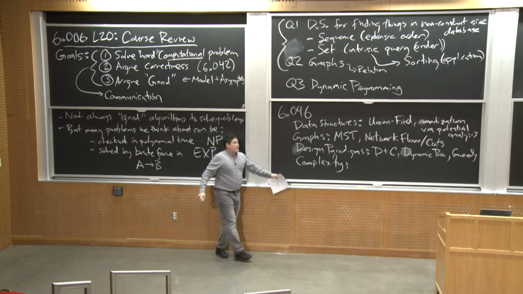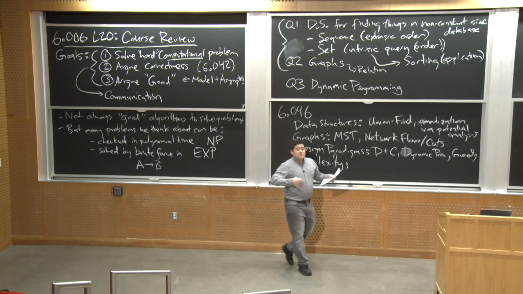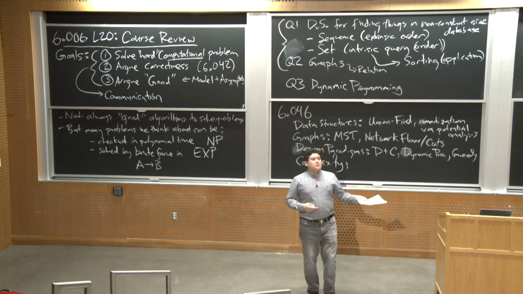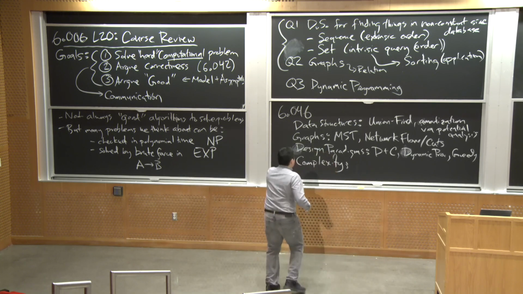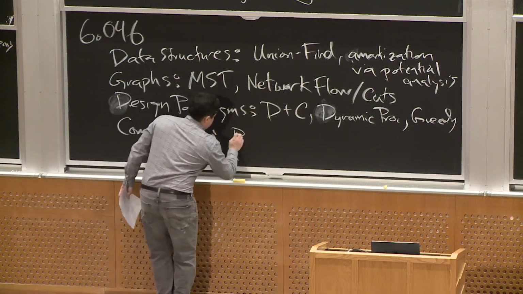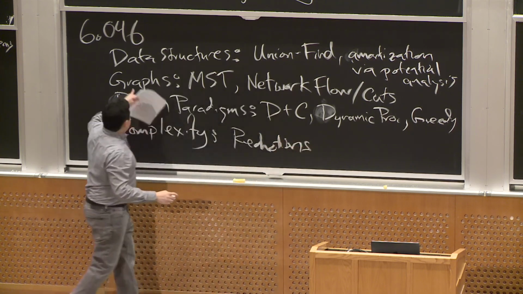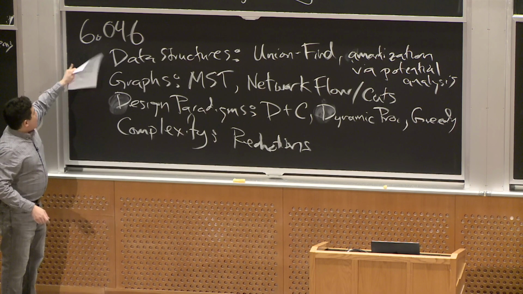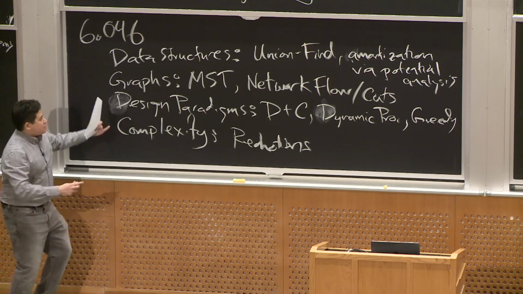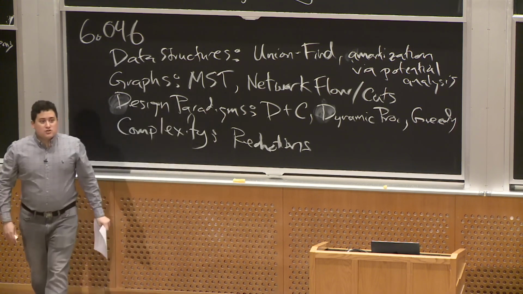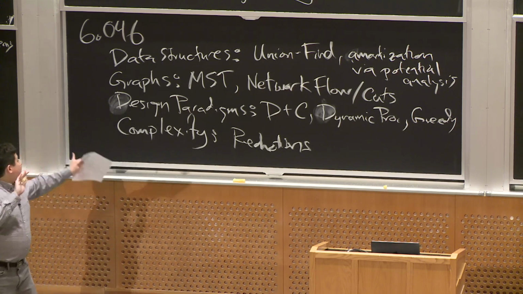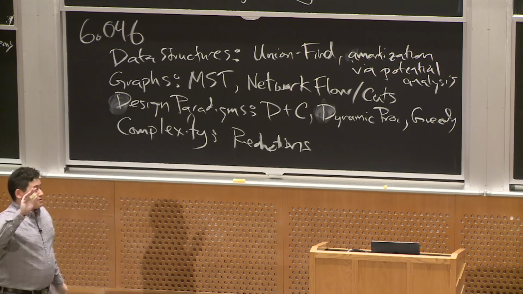We didn't give you any problems in which you actually had to reduce one problem to another. And you'll do a lot more of that here. So reductions. So in a big sense, 046 is really just a natural extension to the 006 material, plus some additional stuff, which I'm going to get to in a second. Yeah, question?